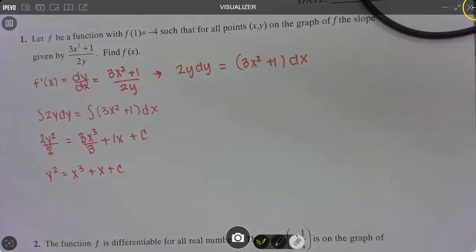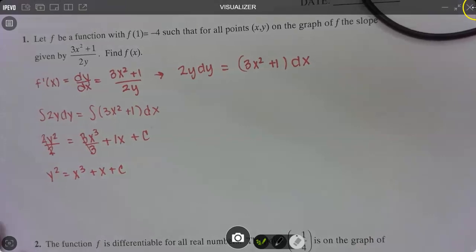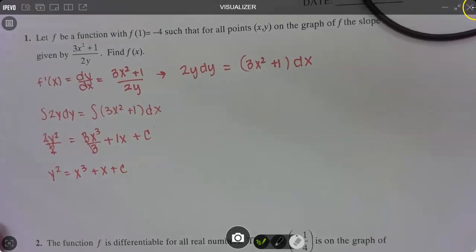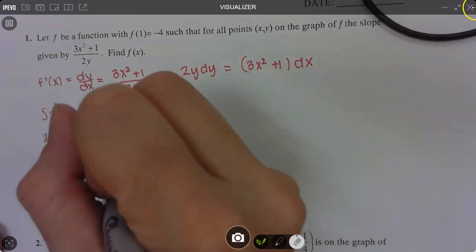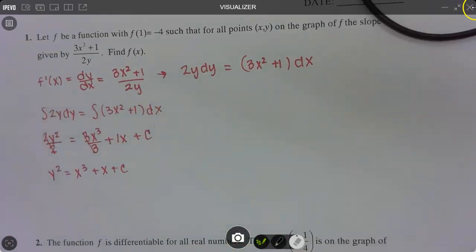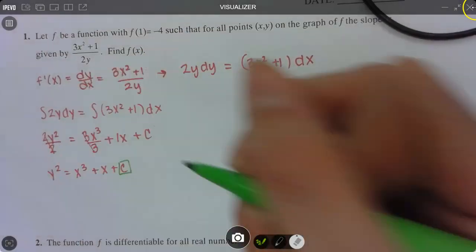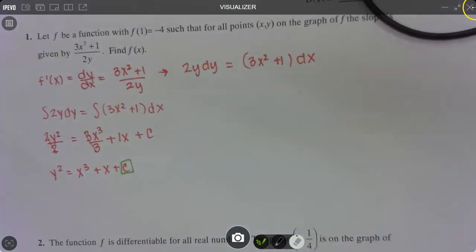So now I have two choices. I can solve for y, or at this point, which is my preference, I can solve for c. So I'm going to use the initial condition to find my c value.